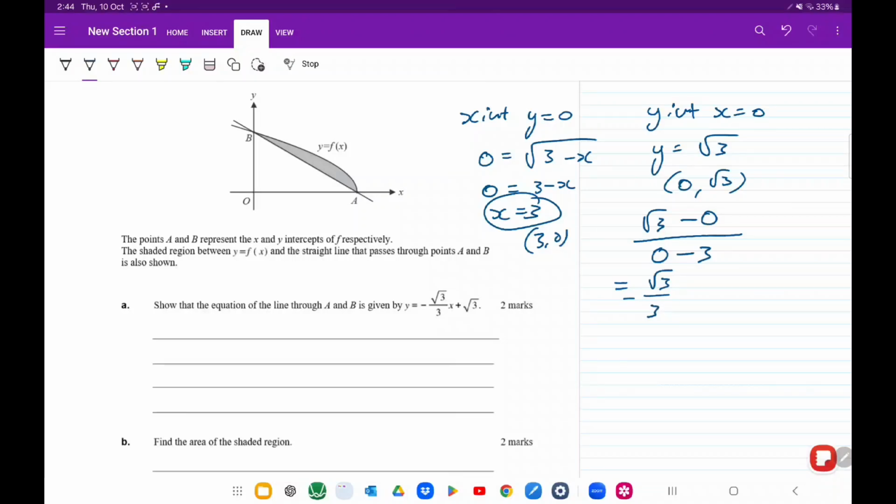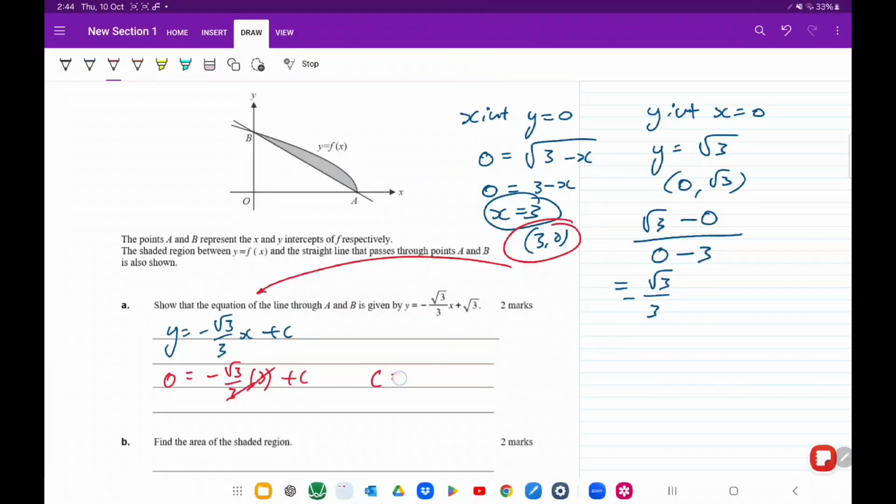From this point we could go y minus y1, but actually, let's use y is equal to negative root 3 on 3 x plus c. We can substitute point A in there: 0 is equal to negative root 3 on 3 times 3 plus c. Cancel, cancel. c is equal to root 3. Therefore, y is equal to negative root 3 on 3 x plus root 3. Two marks for this one: showing the intercept and showing the gradient.